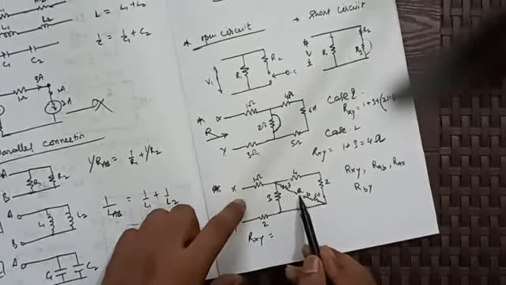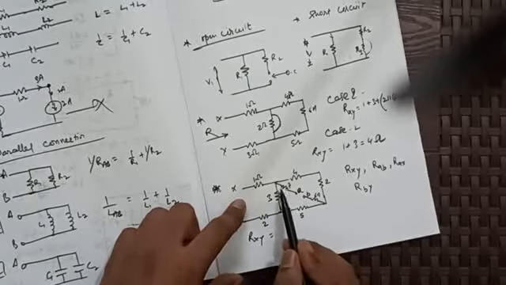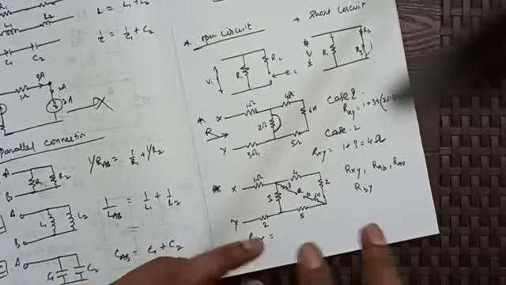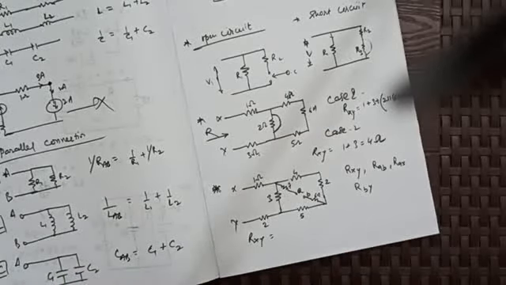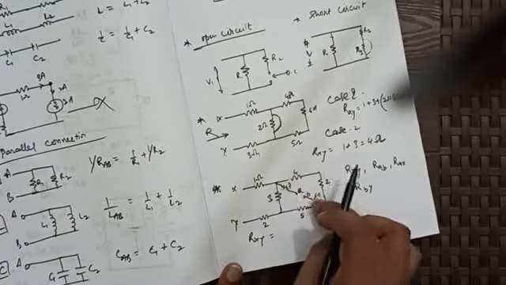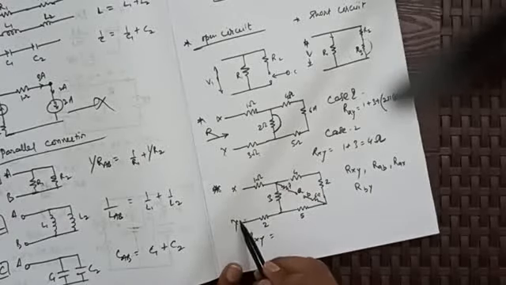So first case, RXY. Since this branch is open circuited, as I told earlier, a passive element connected in series with an open circuit can be neglected. So there is no meaning of this branch. So we can neglect this branch for calculating RXY.